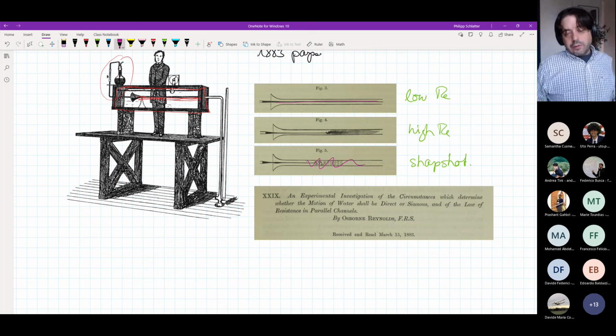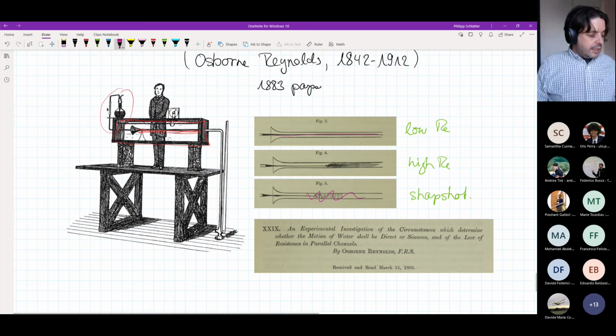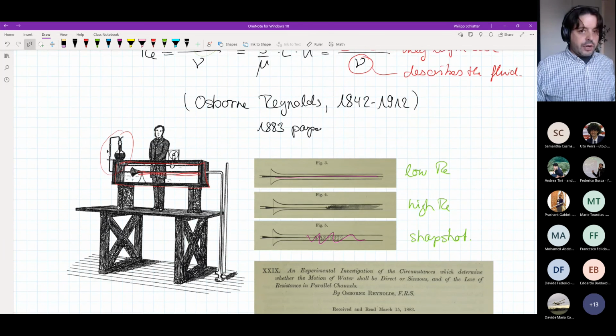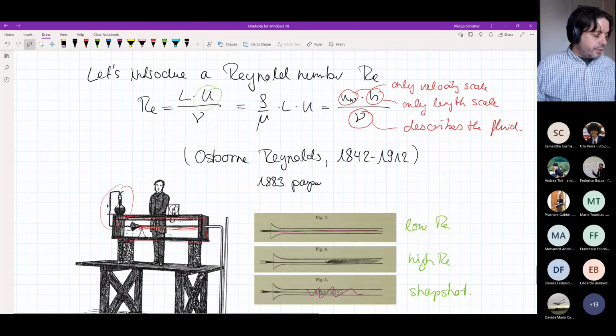The result was that it actually doesn't depend on the flow rate. It depends on the product of L and U divided by the viscosity. That's what is important. So that's the origin of the Reynolds number.